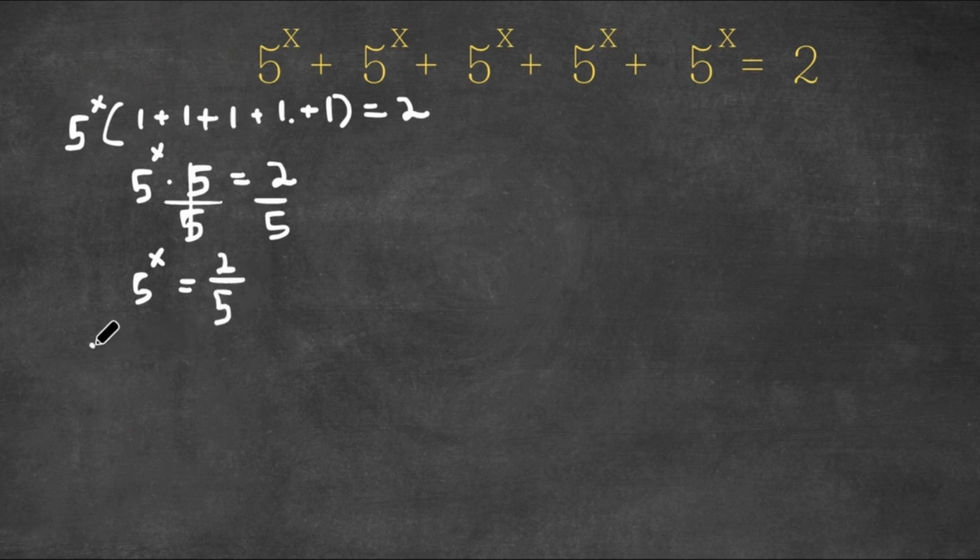Now, I'm actually going to take the log of both sides. So we get log 5 to the power of x is equal to log 2 over 5.